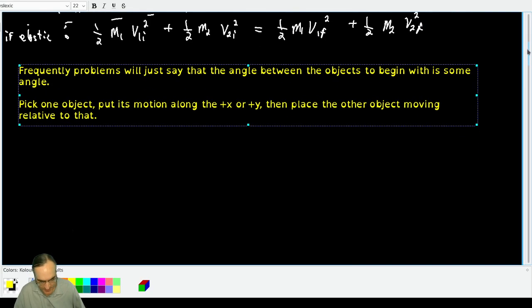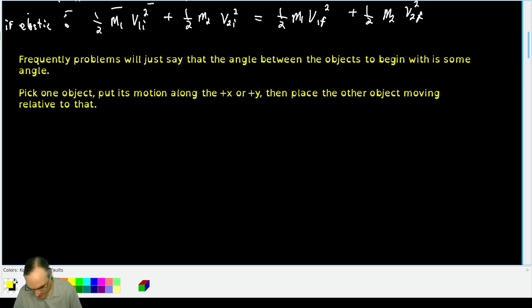So it might say, oh, there's an angle of 30 degrees between their motions, but they don't tell you what the motions of each are. Well, that means you can take your mass 1, put it moving along positive x, and then take your mass 2 and set it up so it's coming in at an angle of 30 degrees, and that would set you up to solve the problem.